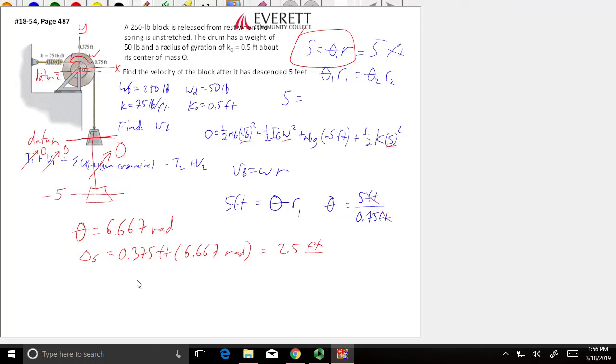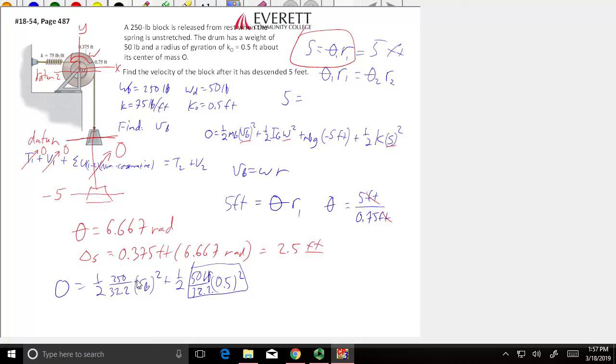So I can plug that in and I get 0 equals 1/2 times the mass of the block, which would be 250 over 32.2, times V. What am I supposed to solve for? Velocity. V_B squared, plus 1/2 times I_G, which is just that 0.5 squared times m of the drum, which is 50 pounds. Okay, so that whole thing right there is just my I_G.